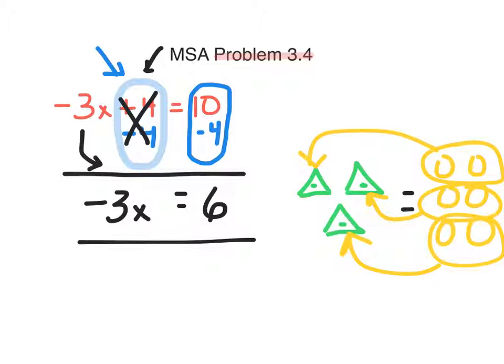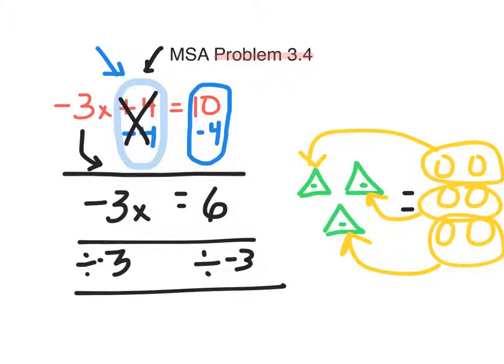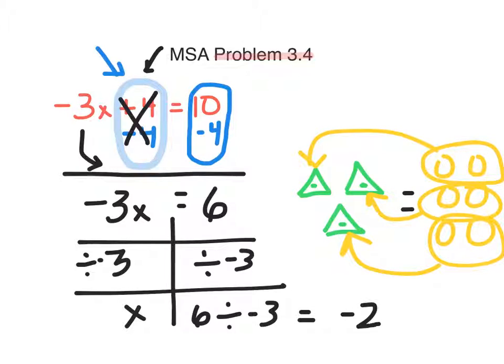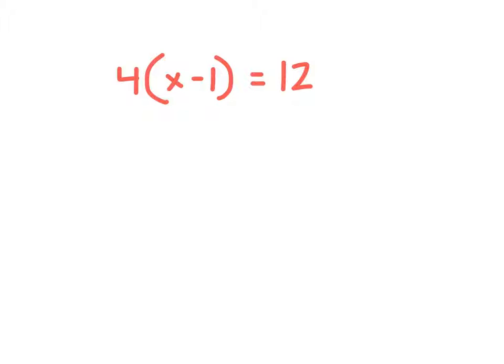So in my equation, that's the same as dividing by negative 3 on the left, and dividing by negative 3 on the right, and coming up with a value for x that's 6 divided by negative 3, which equals negative 2. So x is negative 2.